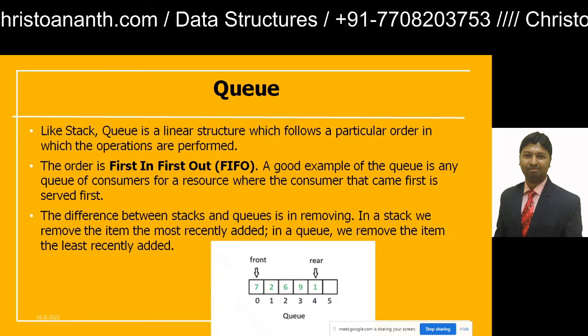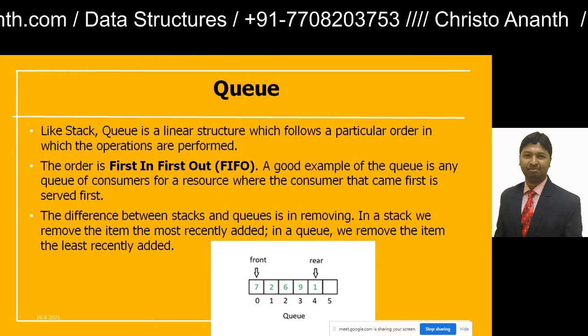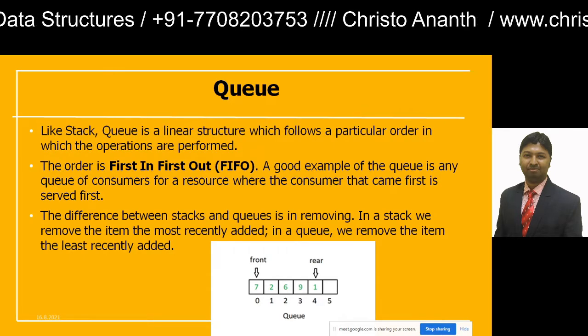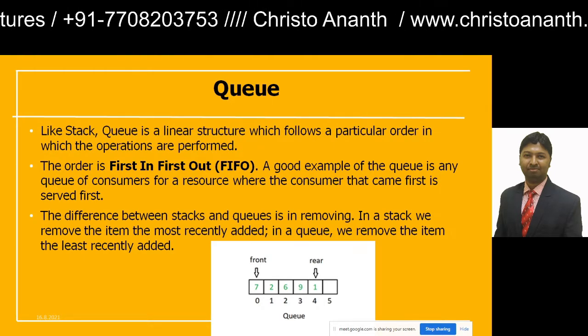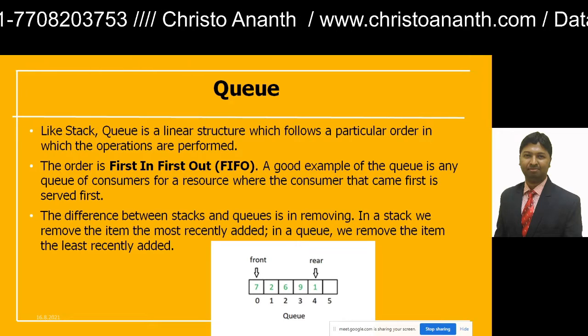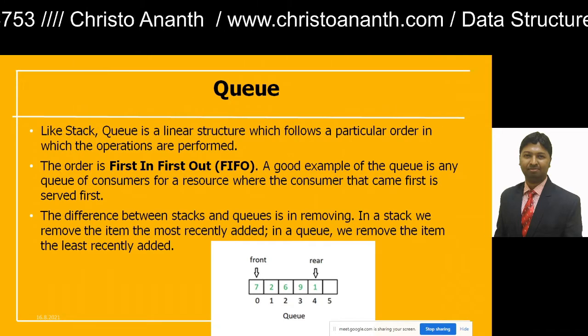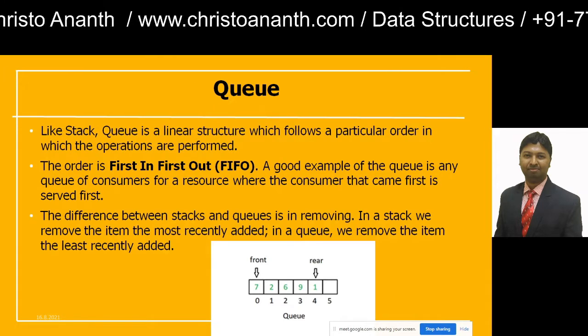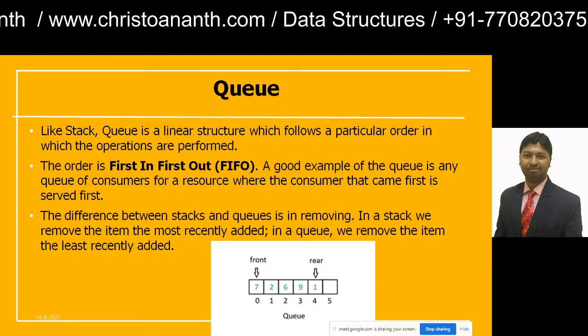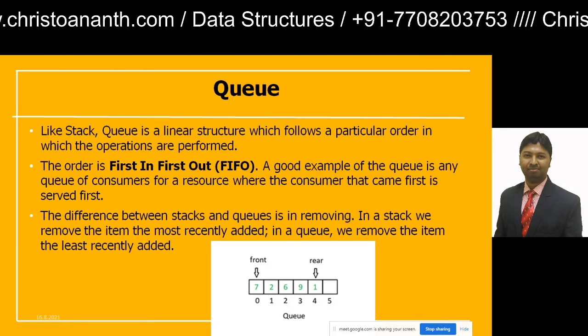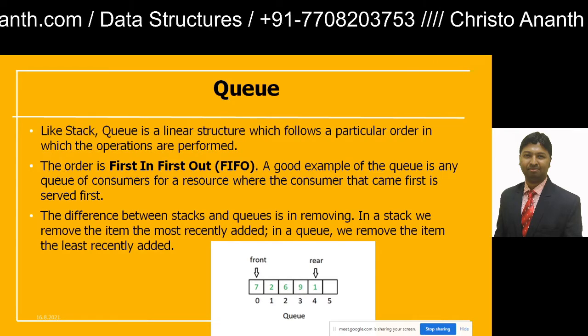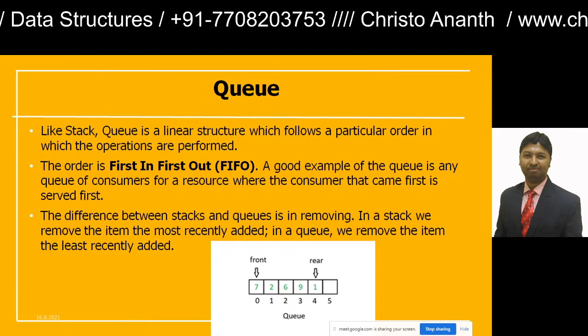So this is a queue. Like maybe a movie theater. Let us take that case. One who comes first to book the ticket gets to go inside the theater first. So this is first in, first out.